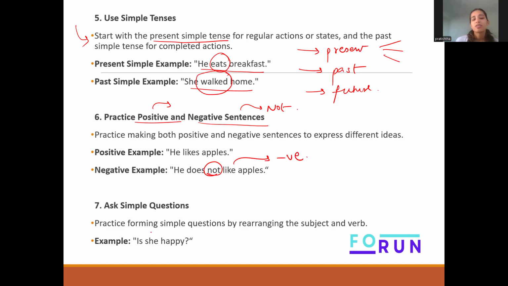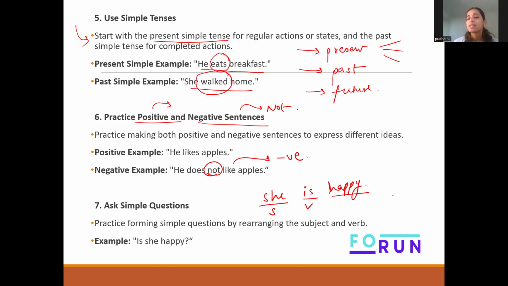Then ask simple questions. Practice forming simple questions by rearranging the subject and verb. So you can also say, for example, she is happy. Let's take an example. We have always seen that the subject is at the beginning, then you have the verb, then you have some emotion or maybe your object.